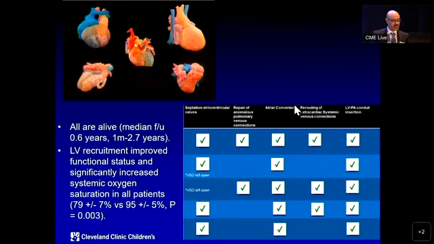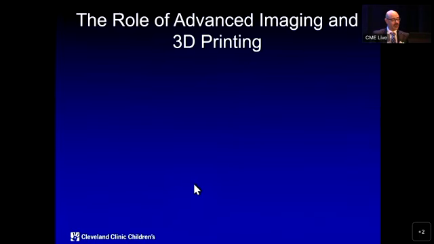And you could see that achieving that circulation involves a complex surgical operation that involves septating the AV valve, repair of anomalous pulmonary venous drainage, atrial conversion in all patients, rerouting of extracardiac systemic venous connection, as I'll demonstrate shortly, and placing a conduit. On short-term follow-up, these patients did well. They were alive, and the recruitment of their LV into the circulation improved functional status and significantly increased systemic oxygen saturation. So some encouraging early results.